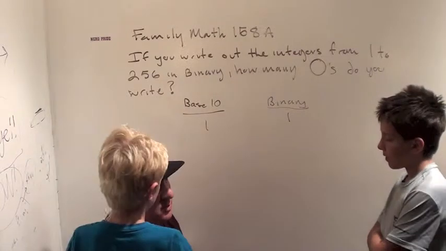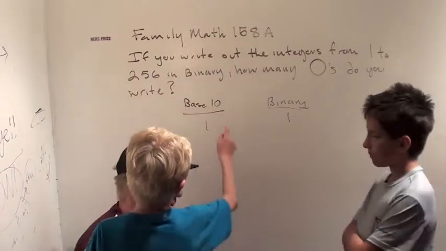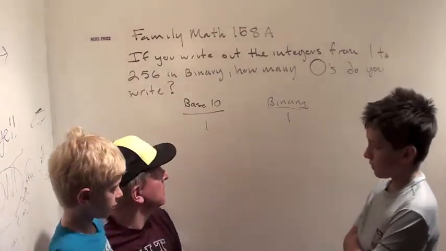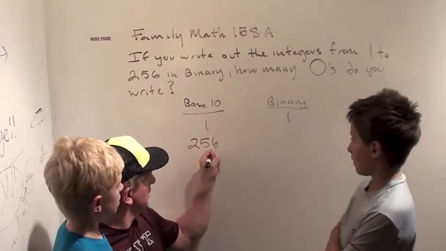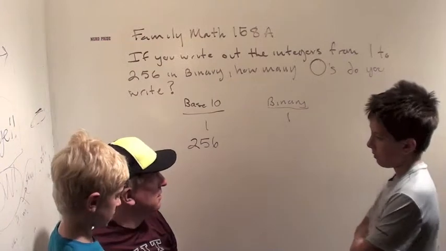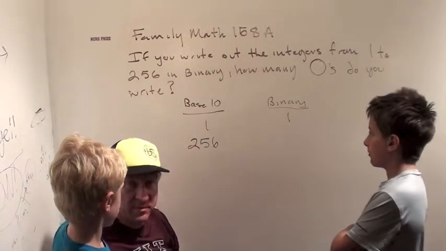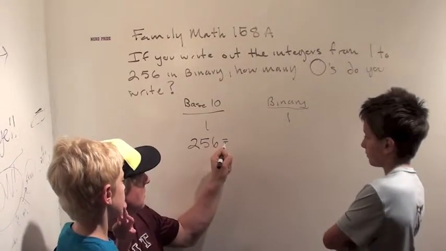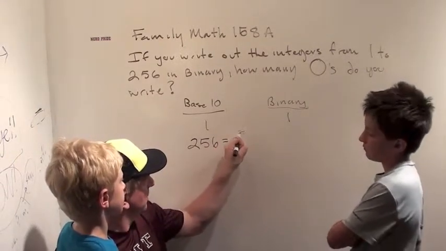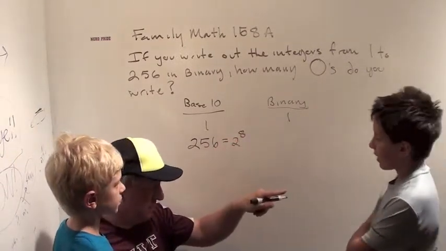Well, the boundaries are 1 to 256, and 256 is a power of 2. What power of 2 is it? 2 to the 8th, I think. Okay, is that right? Yeah.